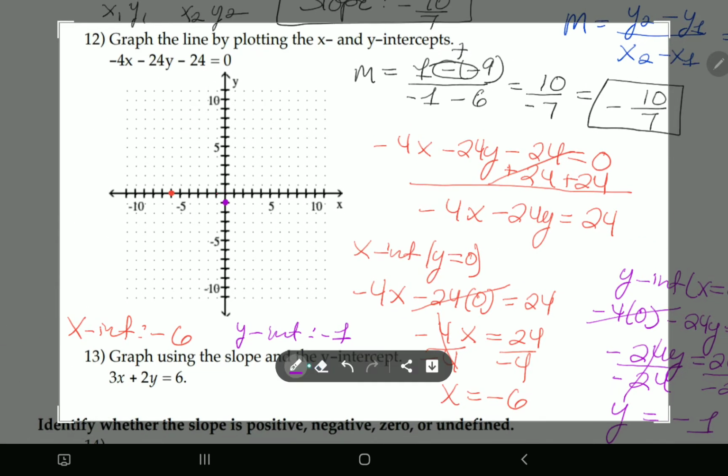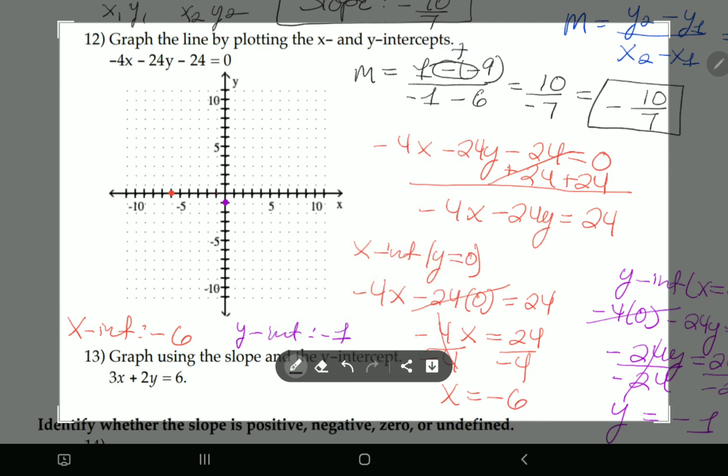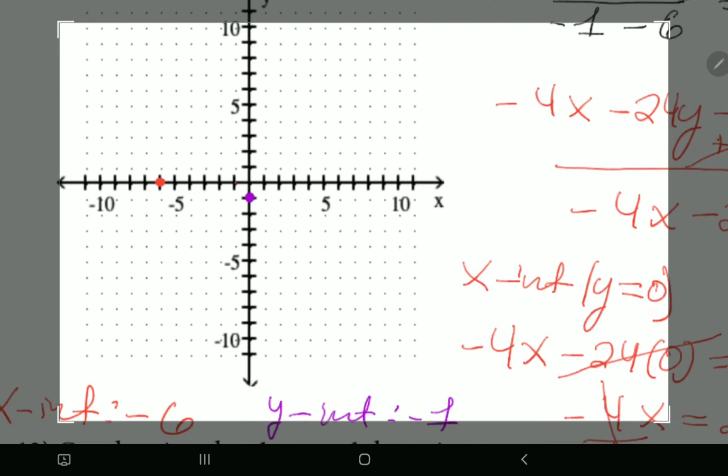I plotted both of my intercepts. Now I'm going to graph the line, to the best of my abilities, of course, because graphing is not my strong suit.